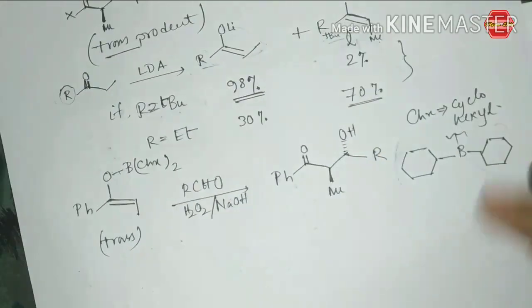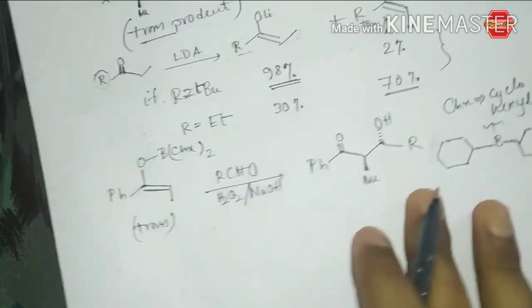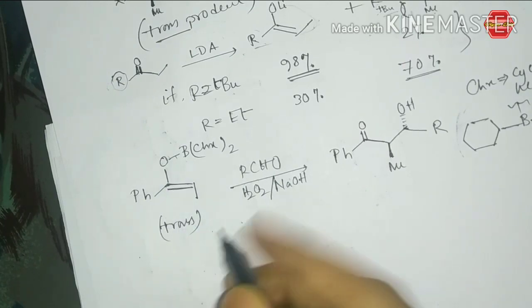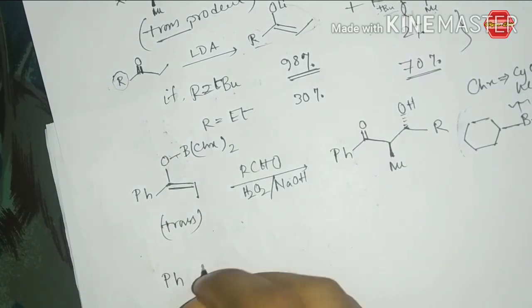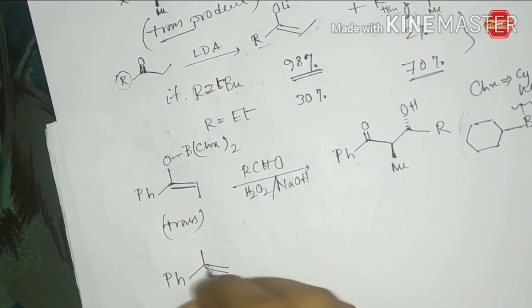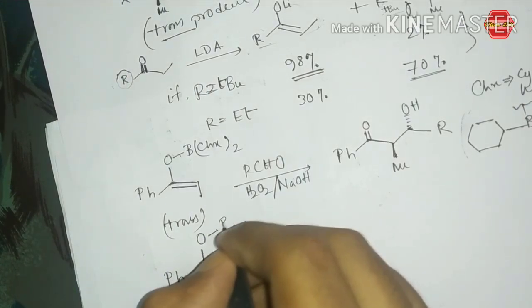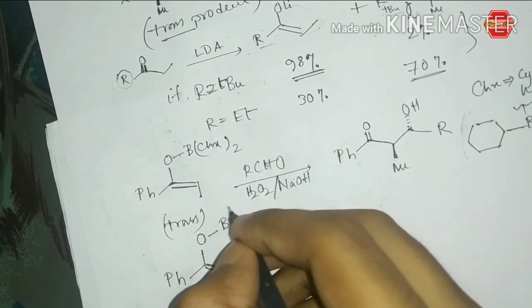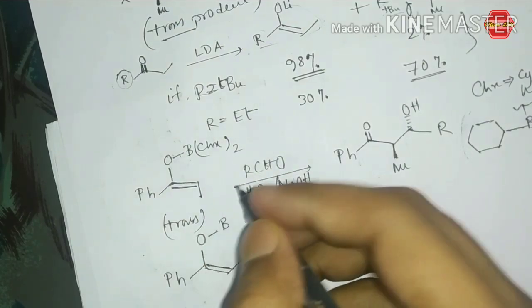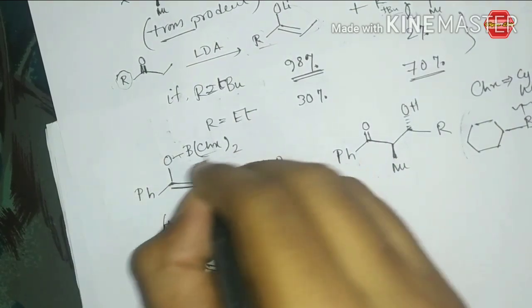Okay, now if the oxygen is attached to boron, and there is another compound, this is not cyclohexyl.